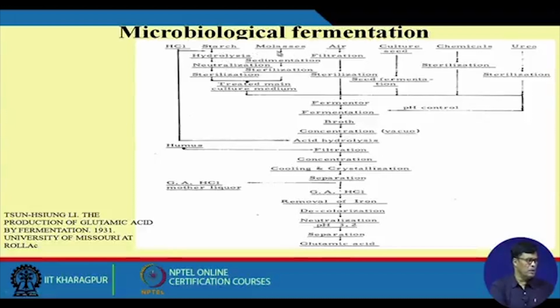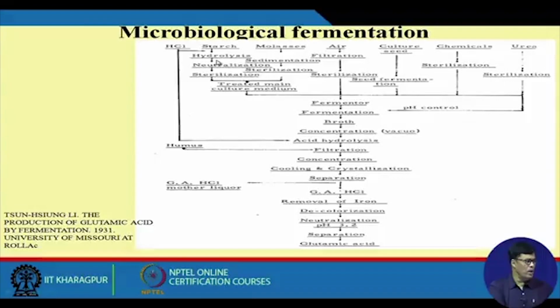Then molasses, which contains a good amount of sugar. We require air to increase the dissolved oxygen concentration. The culture seed, we require the chemicals as required for the organisms, and urea is considered a nitrogen source.